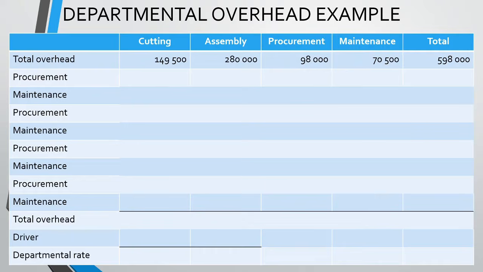Then I will allocate out maintenance, but some overheads will be reallocated back to the procurement department. So I need to continue this process of reallocating out the 2 service departments until such point that the amount becomes immaterial. This now is a very repetitive process, so I'll go through the first steps in detail and we will then go a bit faster.